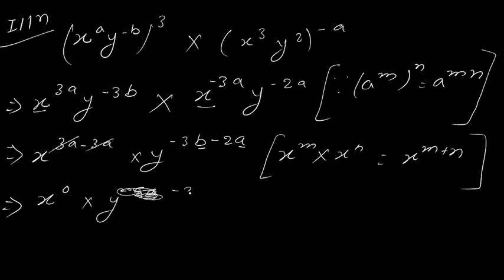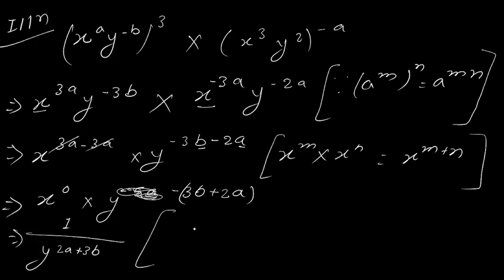No chance. So minus 3b and then plus 2a, and what we have done is taken minus as common, so that minus 3b plus 2a becomes minus (3b plus 2a). So we can write x to the power 0 equal to 1 divided by, see here it's in a minus term, so it will come down, and you can write 2a plus 3b.